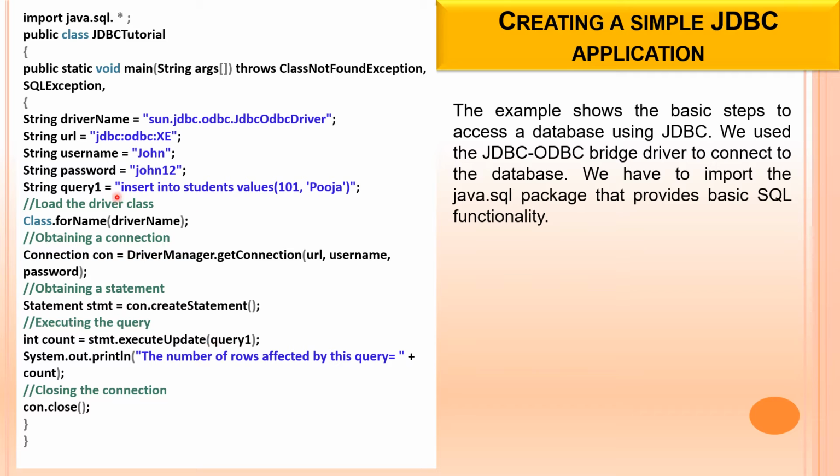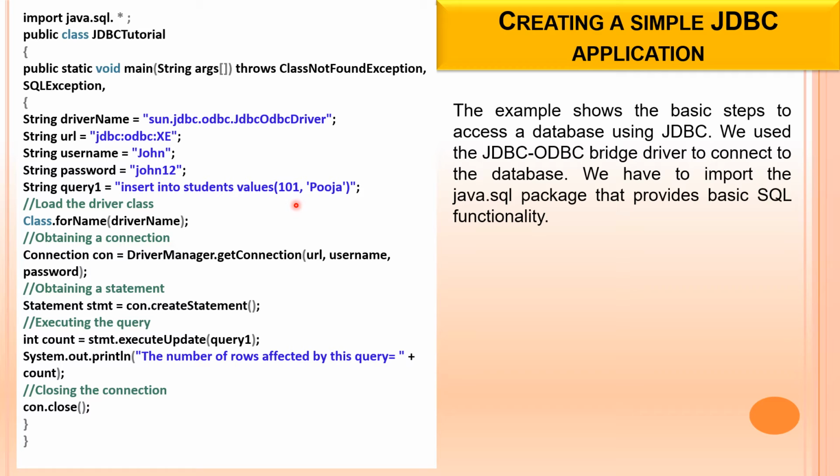Query one is written at the upper side, and it will be called here, and the result will be returned to count. Now System.out.println prints the number of rows affected by this query; count will always be 1 because the query is only one.